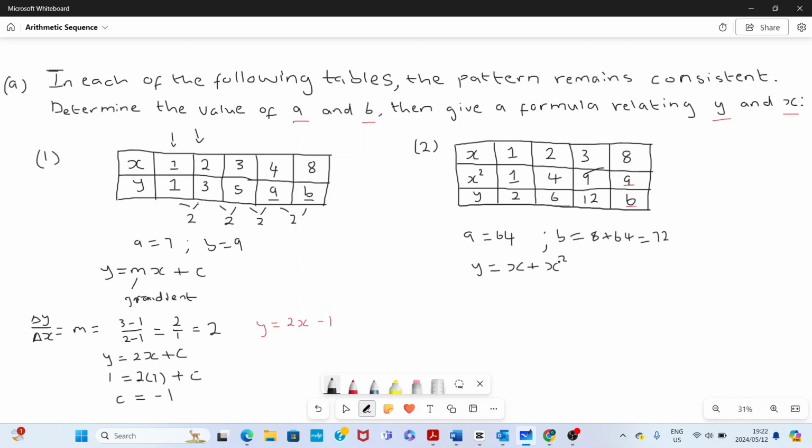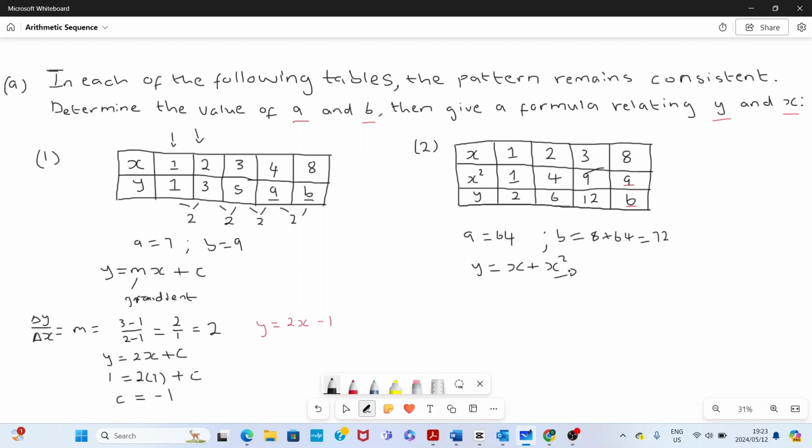That's how we were able to find our b. We found our b by adding x squared to x. So this would be our answer. This is the formula where we relate y and x. So we are done with this part of the question.